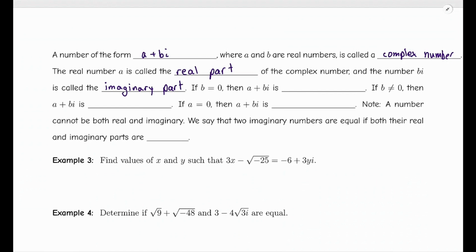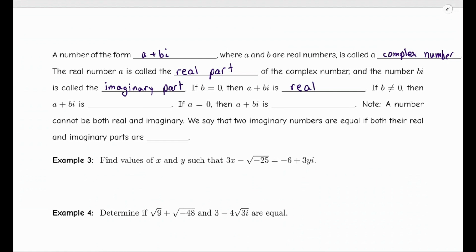If b is equal to 0, then a plus bi is real.